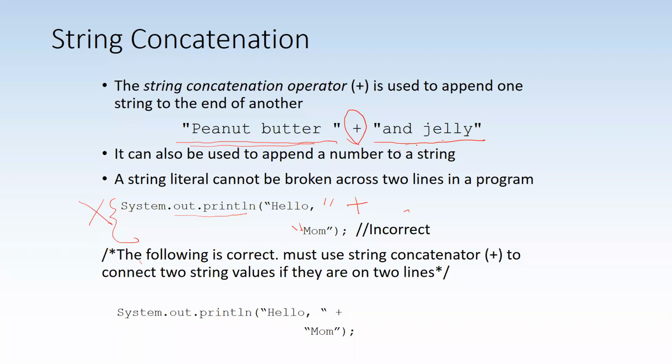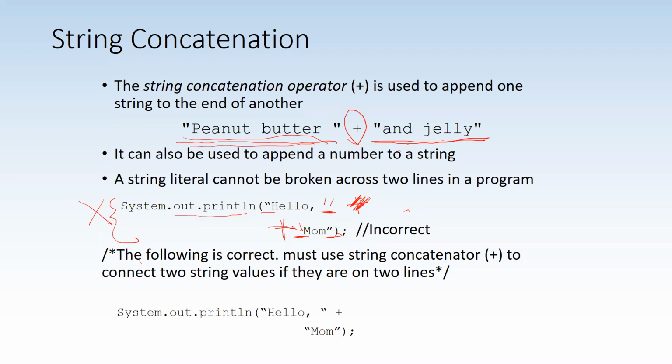Can you put this plus sign here? Yes, you can. You can put it on either line, but you must remember to close the string. Close it and begin the new one when you add them together, just like this. You are adding 2 strings, not adding, concatenating 2 strings together. Any questions?